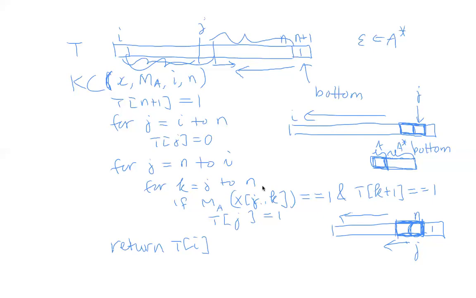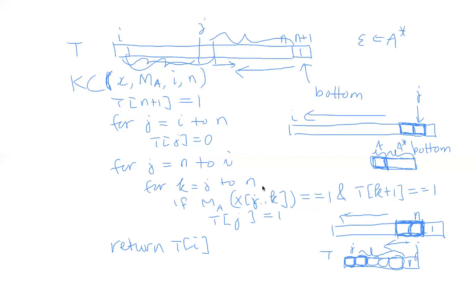Okay, so for each j value, so when we are here, this is j. So that has not been determined. Now we have all the values in here already determined, including the last one, always 1. So in order to determine this, we first see whether this piece is in A, and this is 1, because if it is 1, that indicates this portion is in A star.